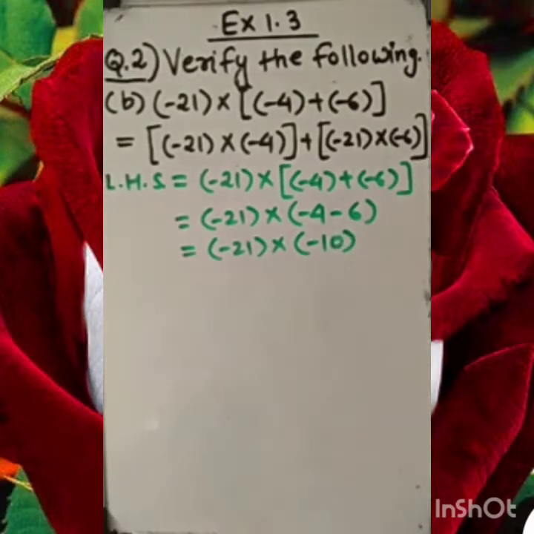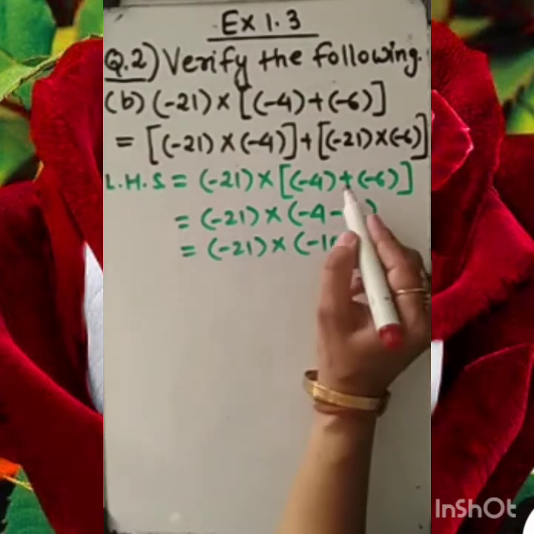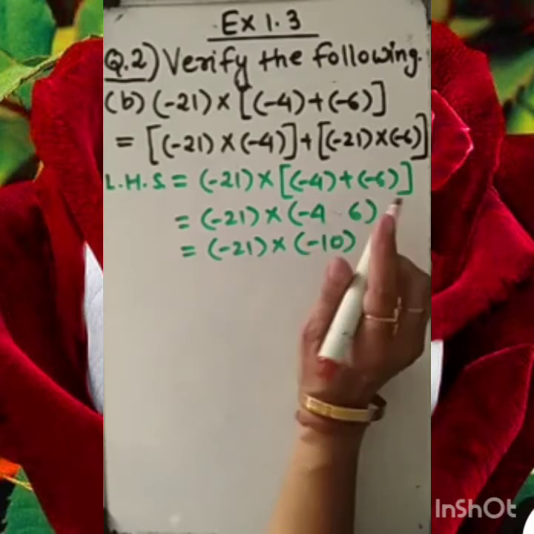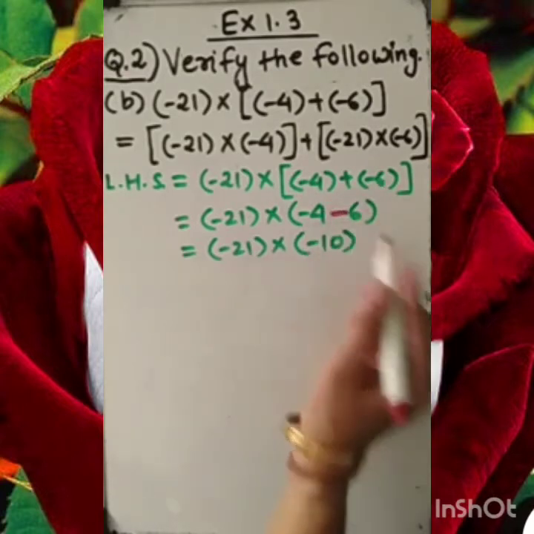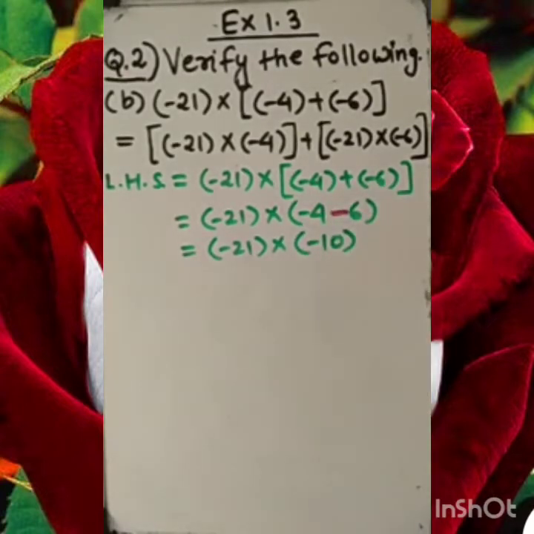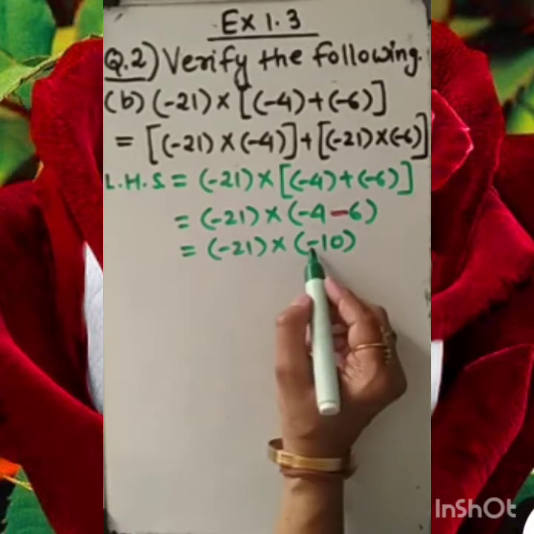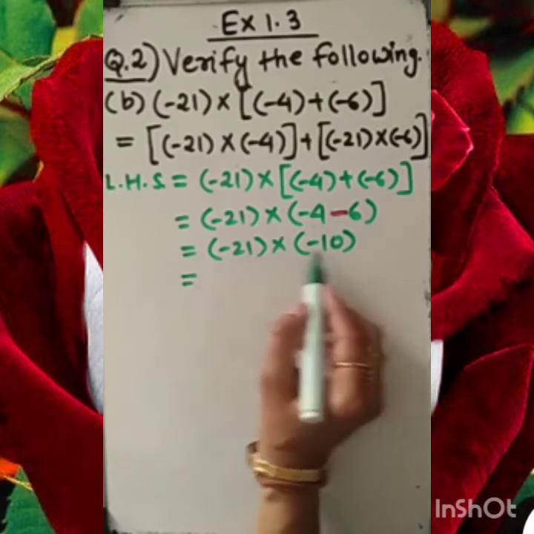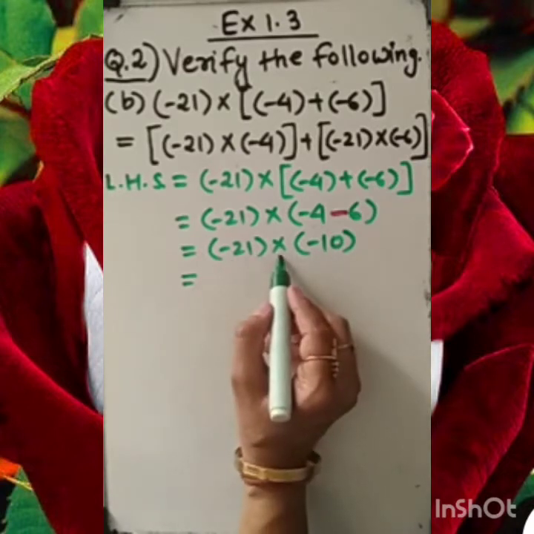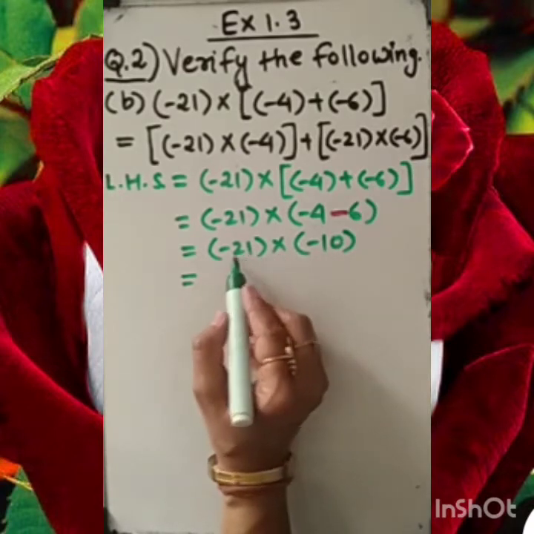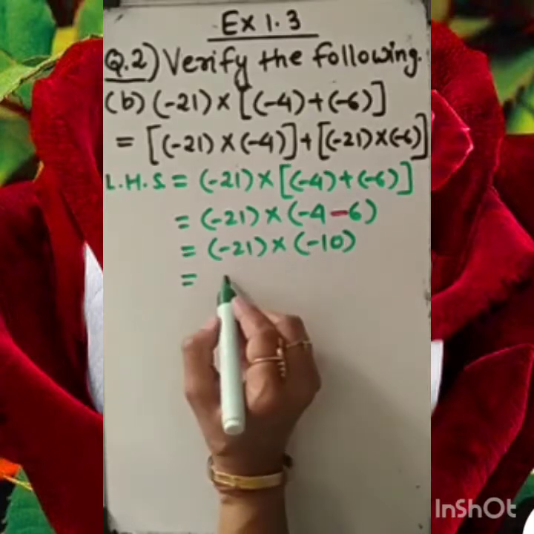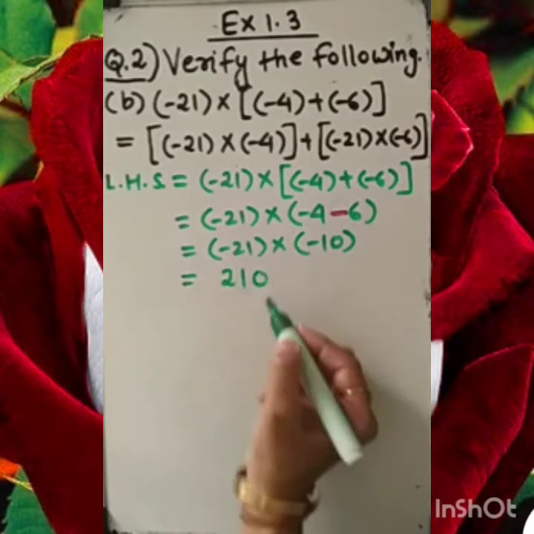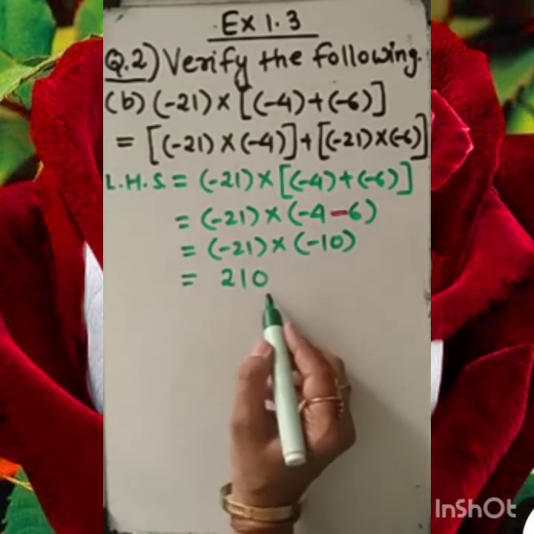As we have already changed this sign, plus minus, here it is minus, and both are the same sign, so we are adding, but the sign remains minus. Now what is the symbol between them? We need to do the product of these two numbers. So simply, minus minus while multiplying will become plus. So the answer will be 210.